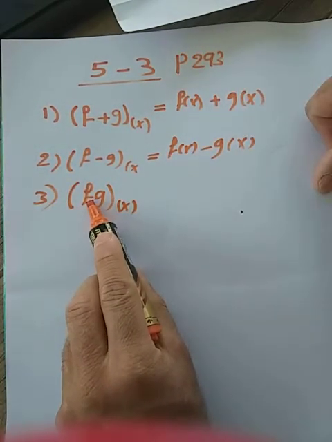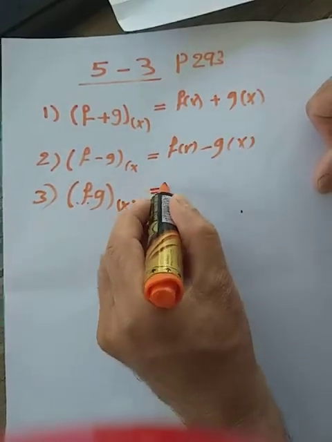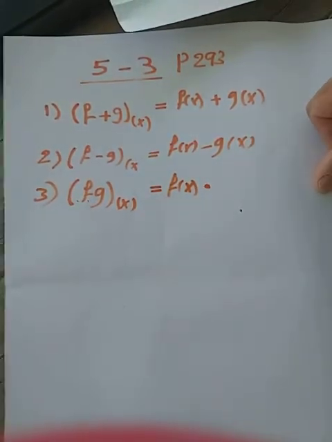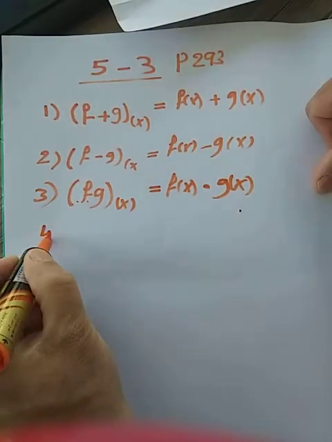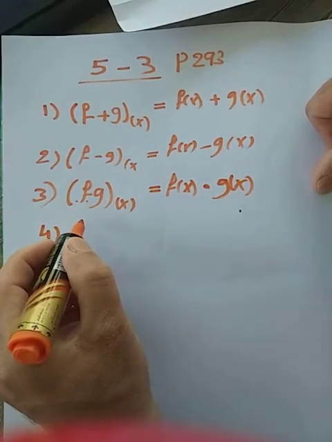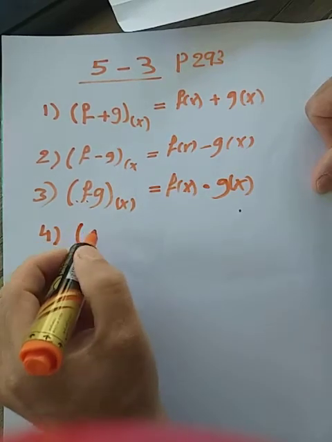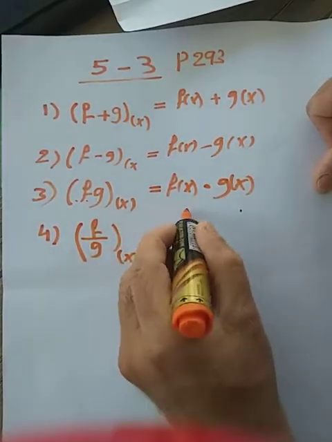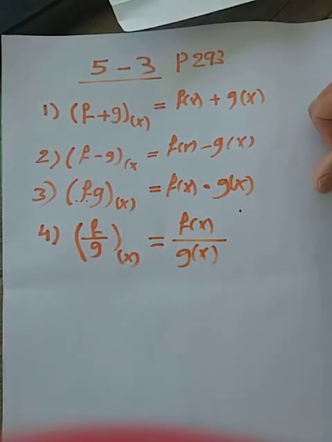We don't have any sign between f and g, which means multiplication, equal to f of x times g of x. Number 4, division: f over g of x equal to f of x over g of x. We will study these four operations.